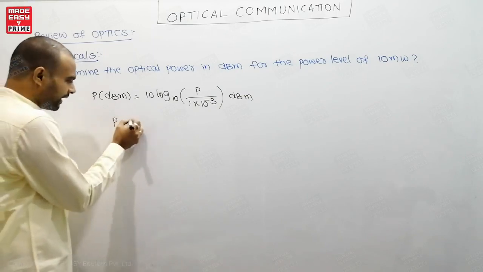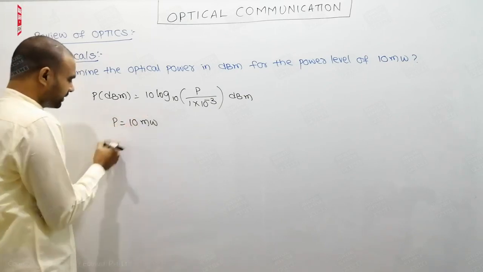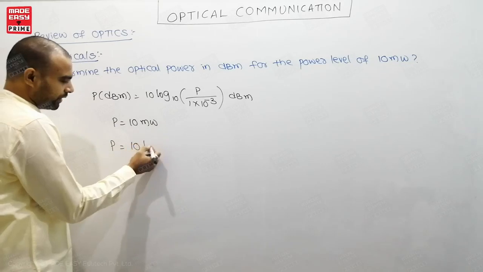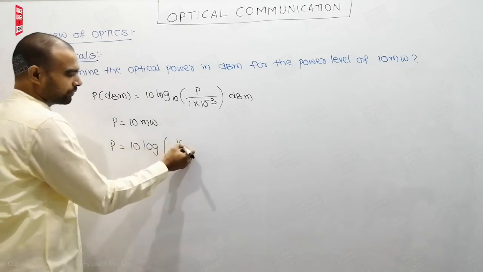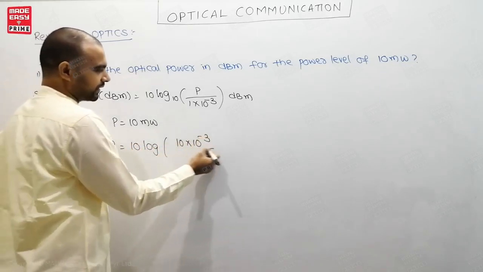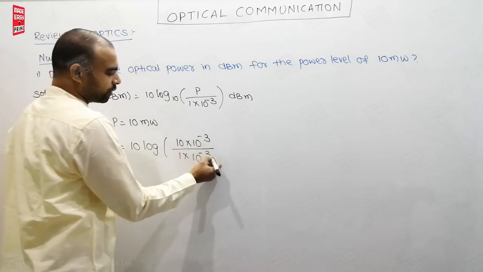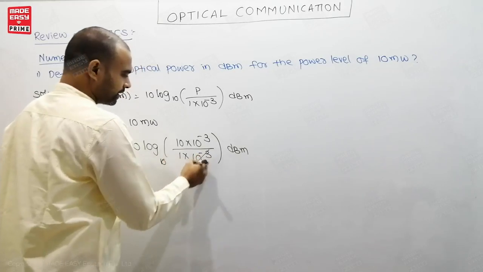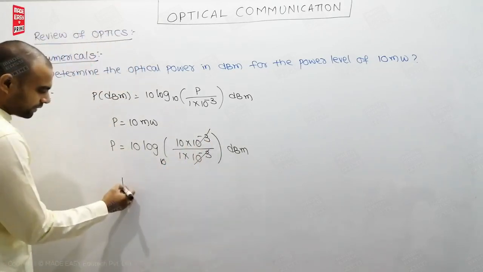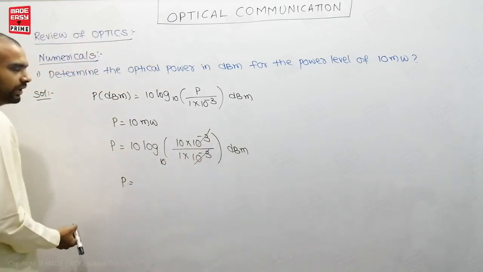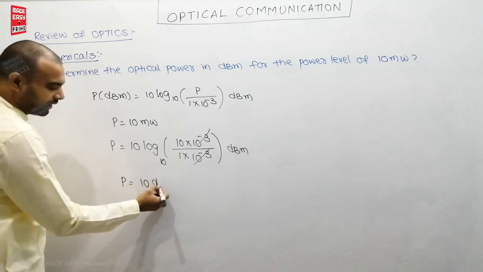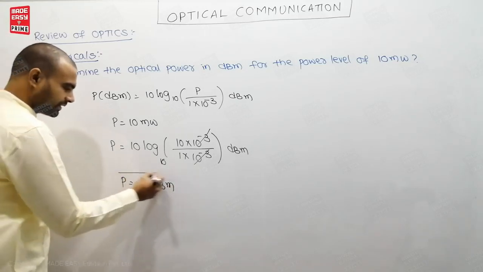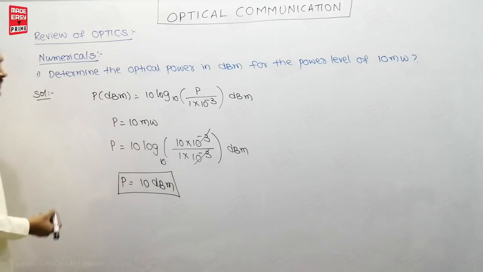P is given as 10 milliwatts, so substitute that. So P in dBm is equal to 10 log of 10 into 10 to the power of minus 3 upon 1 into 10 to the power of minus 3. This will get cancelled out. So power P is equal to 10 dBm.